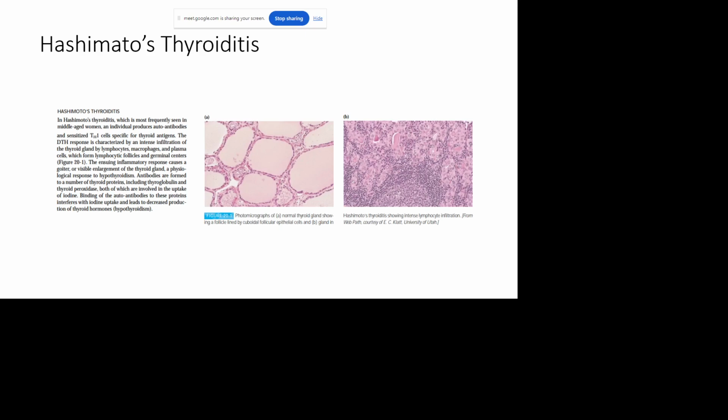When they get activated, they can activate the cytotoxic T cell, the B cell, and the macrophage. When it activates the macrophage, it will do phagocytosis and clear the incoming threat or antigen, right?